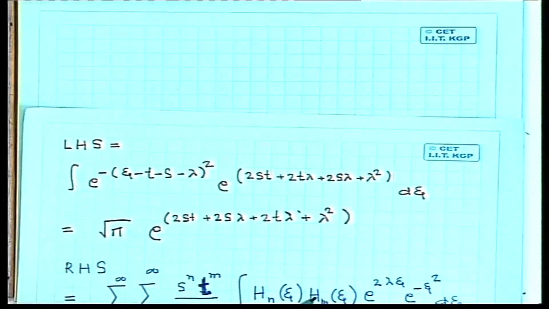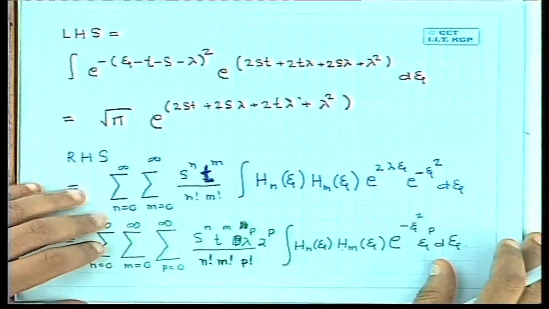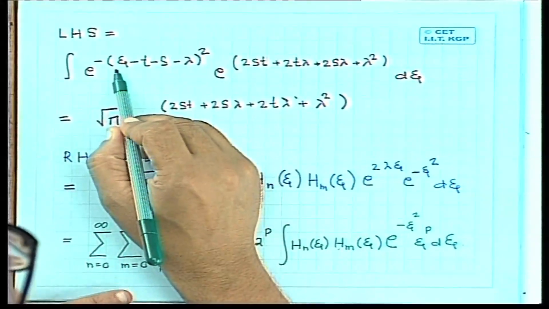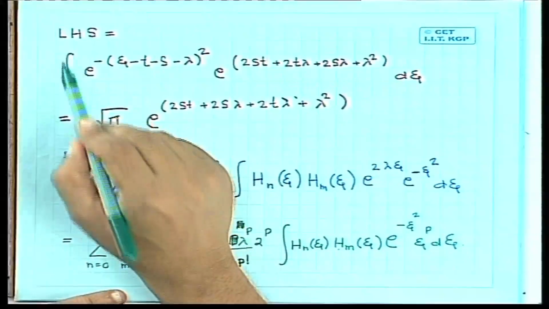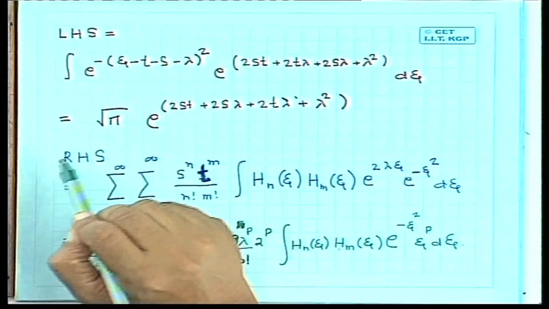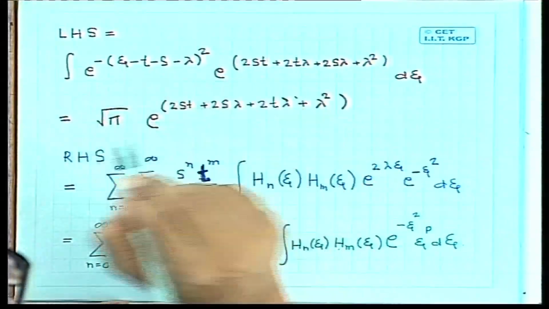Now this integral is quite simple to evaluate, because this is nothing but xi plus some constant, whole squared, and the range of the integral is from minus infinity to infinity. So the adding of a constant to xi doesn't matter, and we can evaluate. This is basically e to the power minus xi squared d xi.